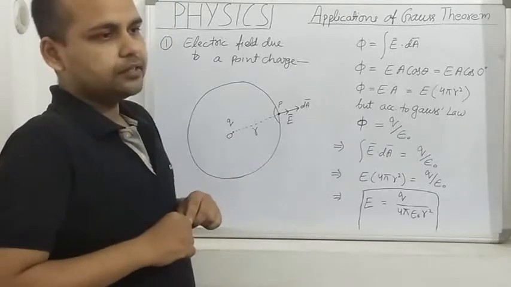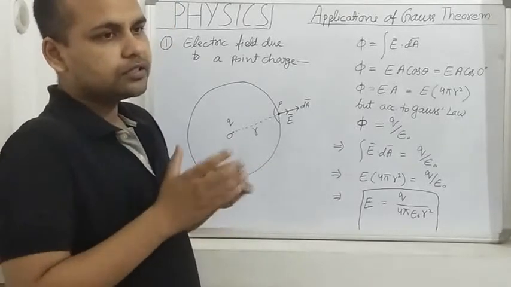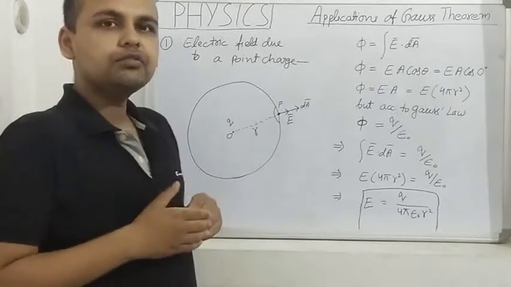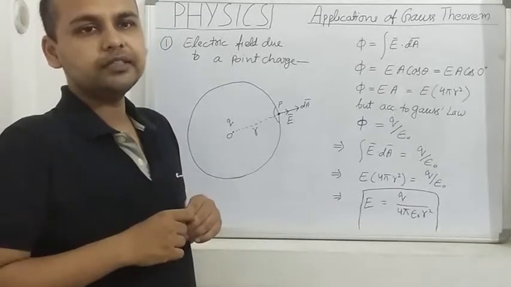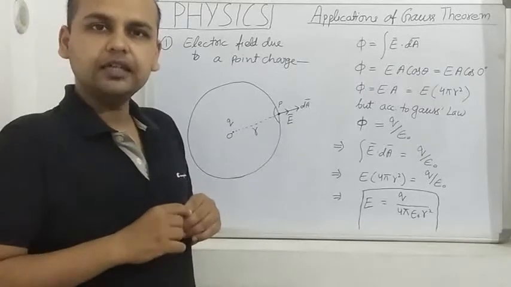The second thing I have told you is that the Gaussian surface should pass through the point where we have to find the electric field.